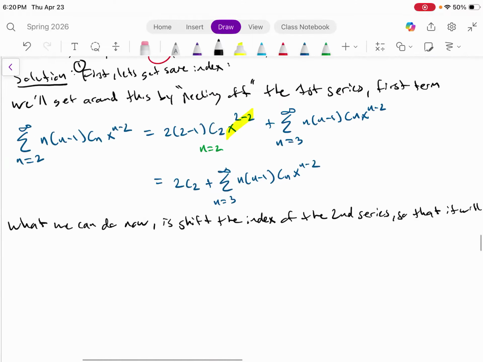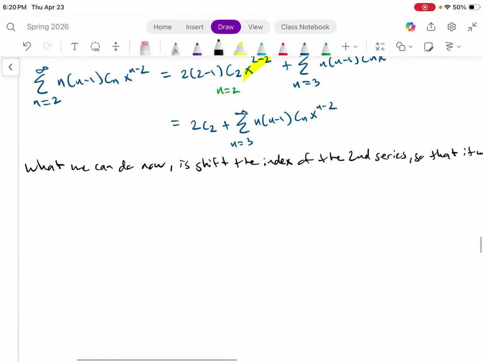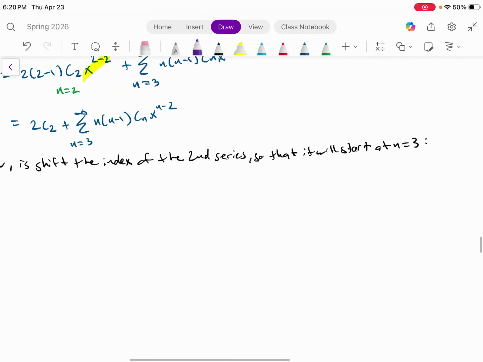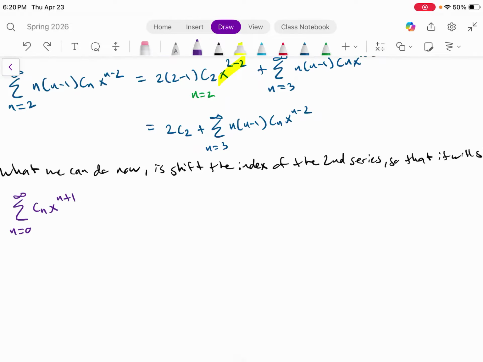Okay, so let's rewrite the power series down here. n equals 0 to infinity, c sub n, x to the n plus 1. And so when we shift, we're trying to get it to n equals 3. So that means our new index is going to be 3.